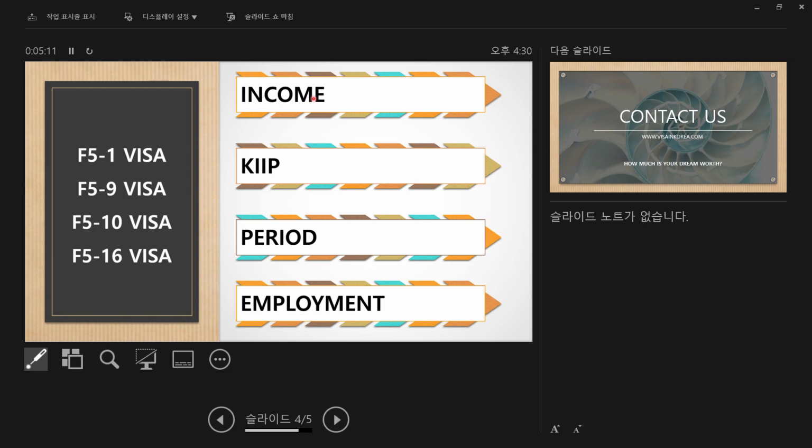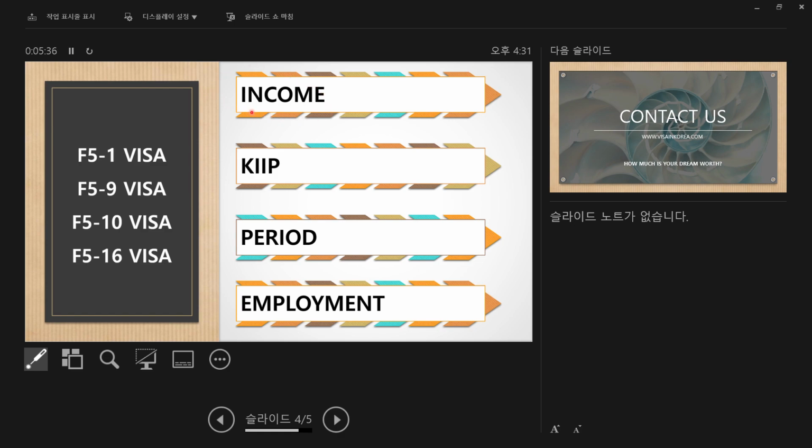Every year in February, if you are a worker at a company, you have to report 연말정산, the year-end withholding tax settlement, regarding your previous year's income, right?